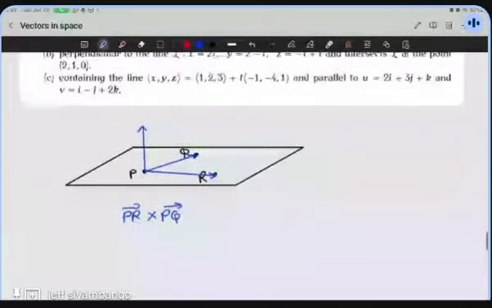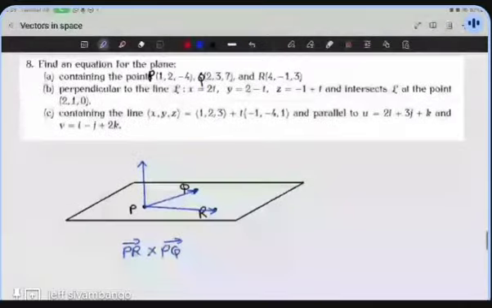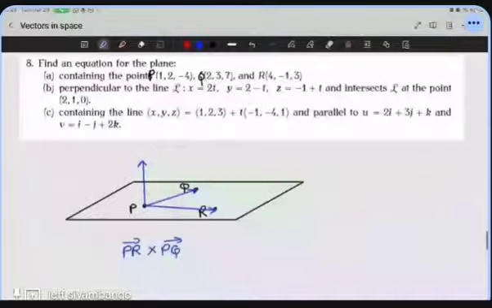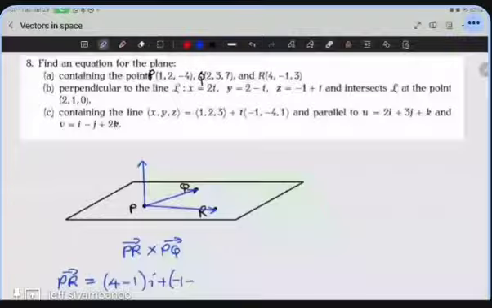So first thing that we do, we get the displacement vectors, PQ or PR. So first is PR. I have 4 in the x minus 1 from P. Then in y, from R minus 1, from P, I have 2. Then from R, I have 3.